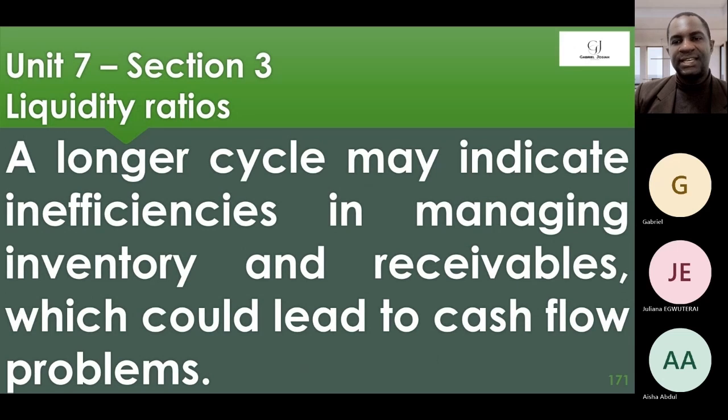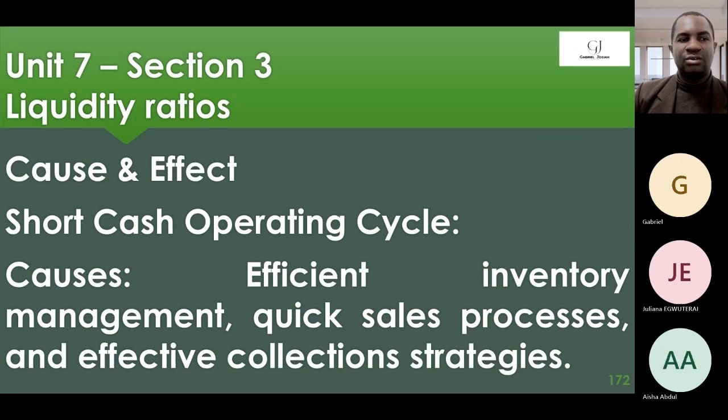A longer cycle indicates inefficiencies in managing inventory and receivables, like we just saw in the case scenario, and it could lead to cash flow problems. And these ratios are short-term ratios that enhance your day-to-day operations month to month. So the longer it is, the more challenging it will be to manage cash flow, and it will generate problems for you as an accountant. So please take note of that.